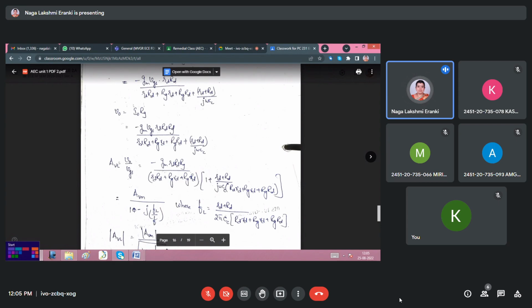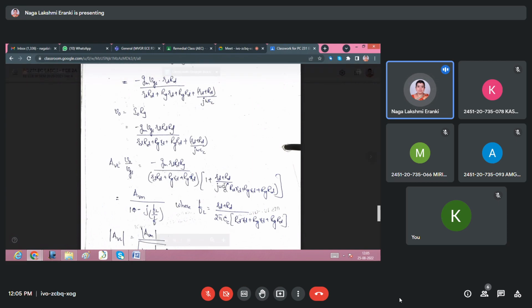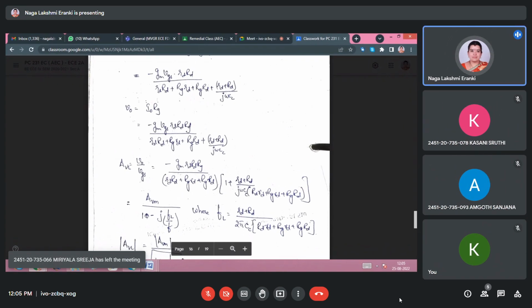In the denominator you should get a complex number, represented as alpha plus j beta, which generally we make equivalent to 1 plus j beta. I rearranged the values of the resistances, and I got this value as a constant divided by 1 plus j beta.